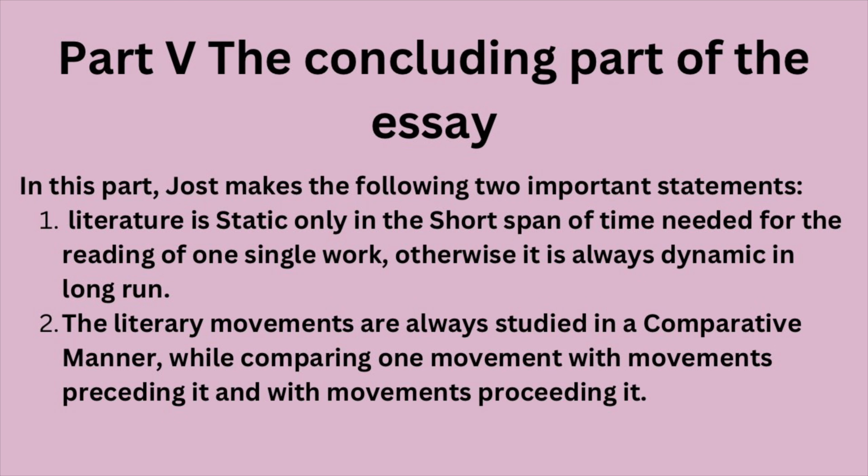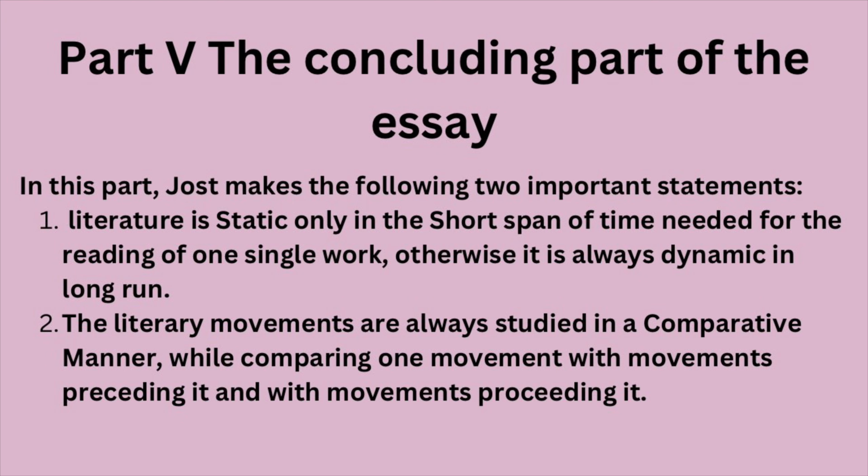In this part, Jost made many important statements, and there are these two most important statements. First one is literature is static only in the short span of time needed for the reading of one single work. Otherwise, it is always and always dynamic in the long run. The second important concluding statement by Jost is that literary moments are always studied in a comparative manner, comparing one moment with the moments preceding it.